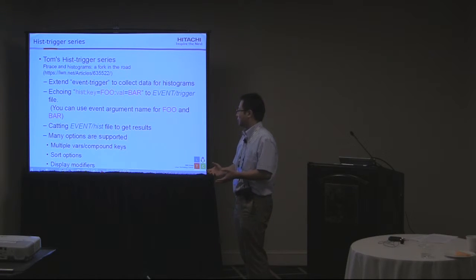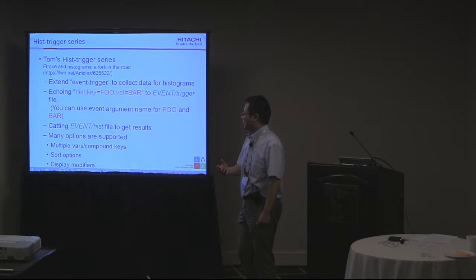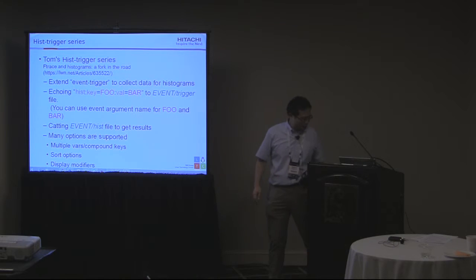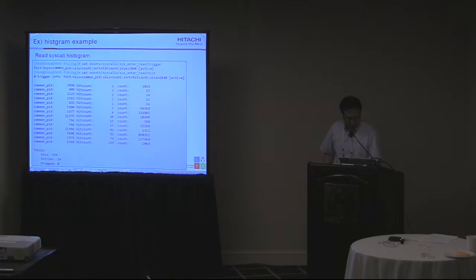Currently, the histogram trigger just supports one event for each histogram, so we cannot make a histogram across several events. However, maybe the next series will support it. And by reading the event hist file, you can get the result. And this supports many options.